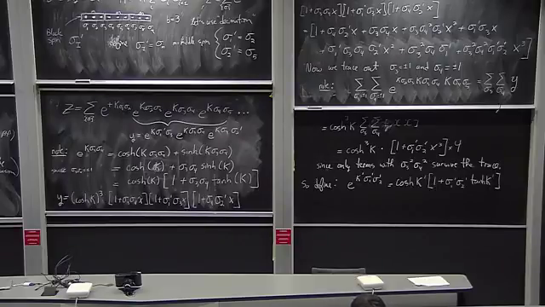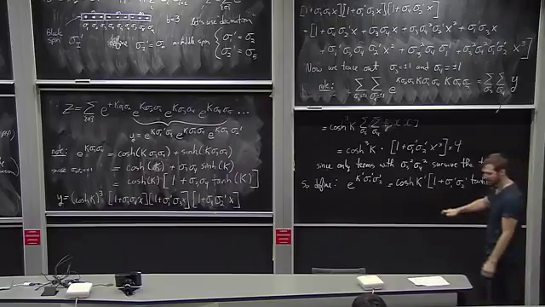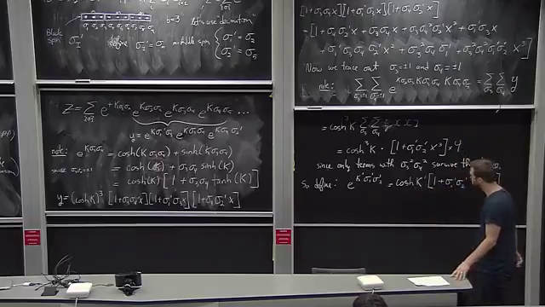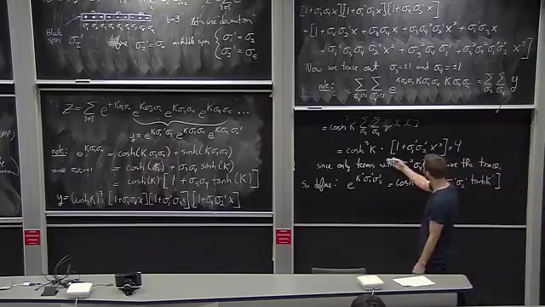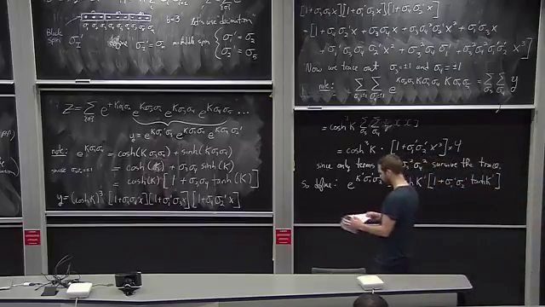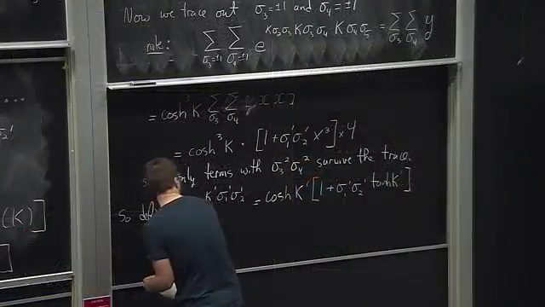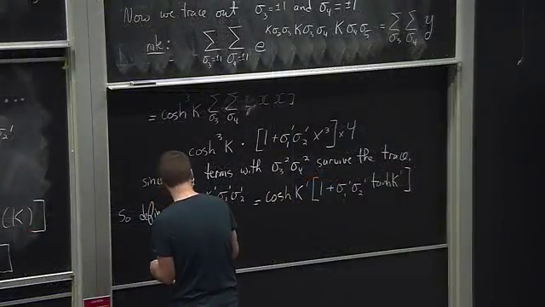And so if I look at that, then my cosh, hyperbolic cosine of K prime, is just going to be related in some sense to this equation up here. So then I can invert that to get just K prime.